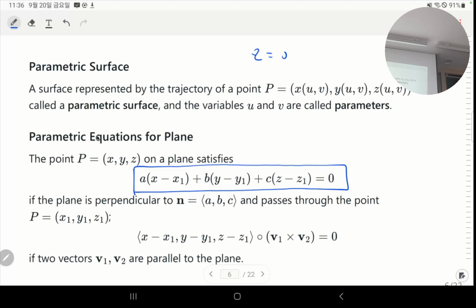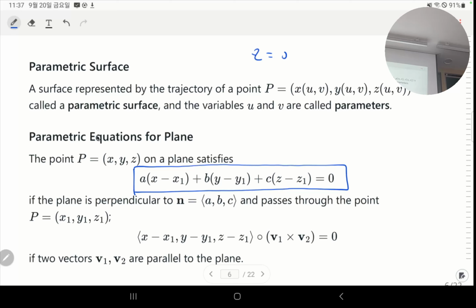So I took the position vector from x1, y1, z1 to x, y, z, right? These are the coordinates of this position vector, and I take the inner product of that position vector with another three-dimensional vector whose coordinates are A, B, C.